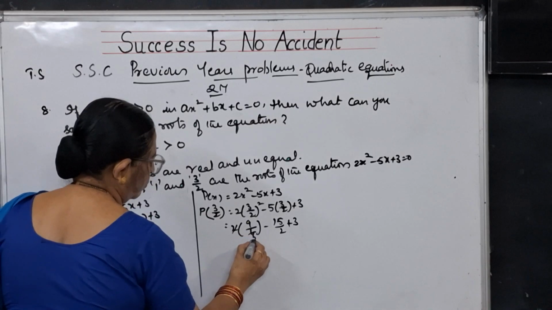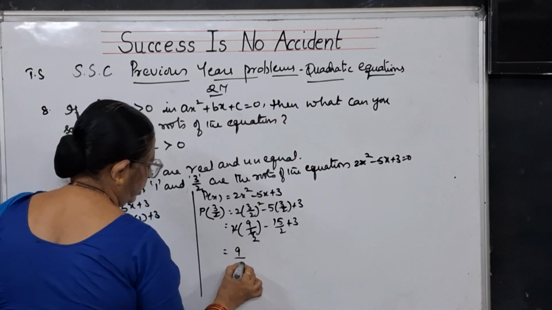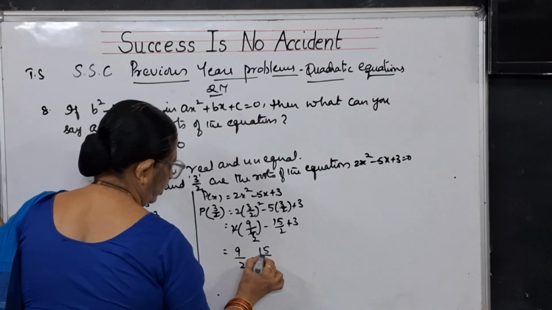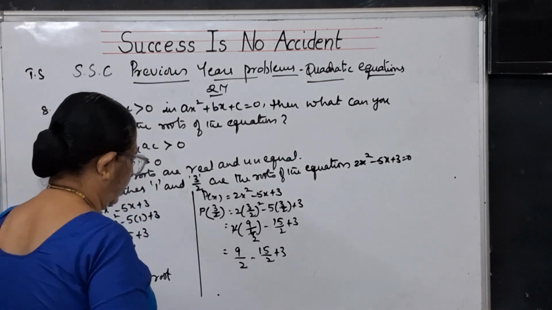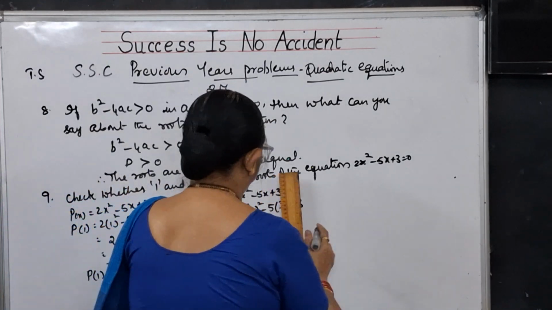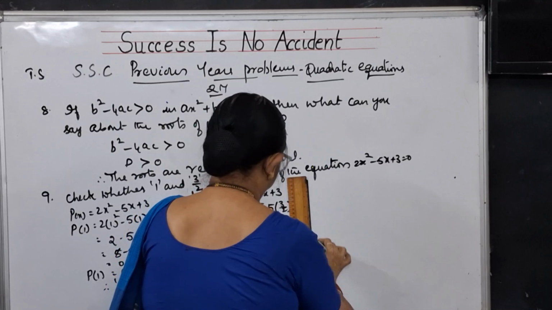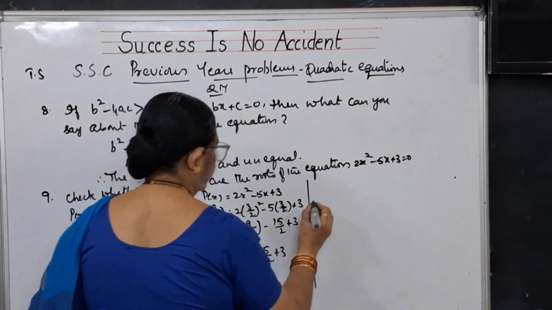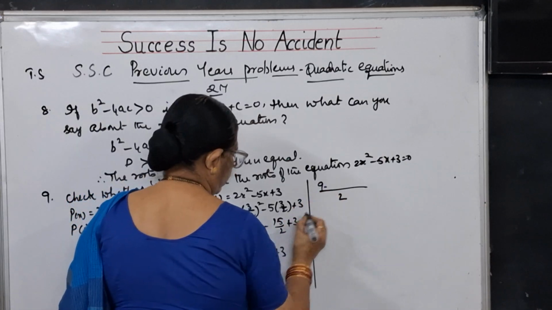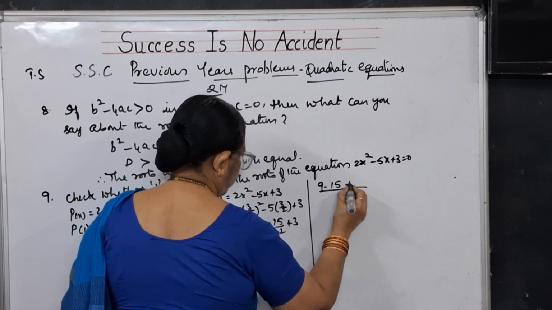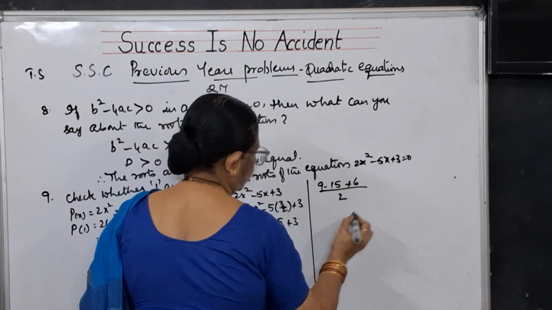So here 2 ones are 2, twos are 9 by 2 minus 15 by 2 plus 3. So I can take LCM 2. If I take LCM as 2, 9 as it is minus 15 as it is plus 3 twos are 6.